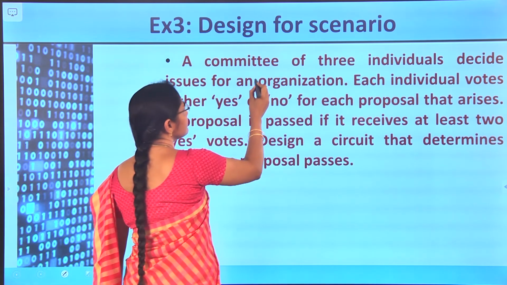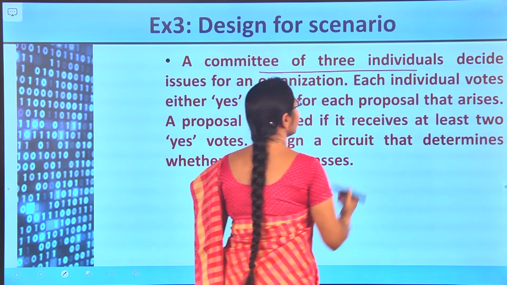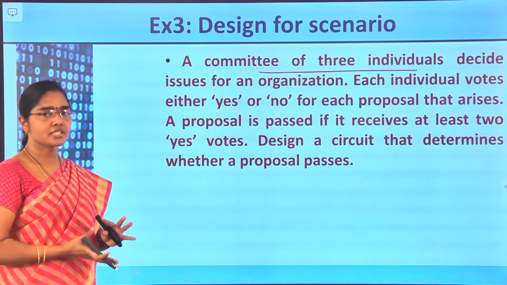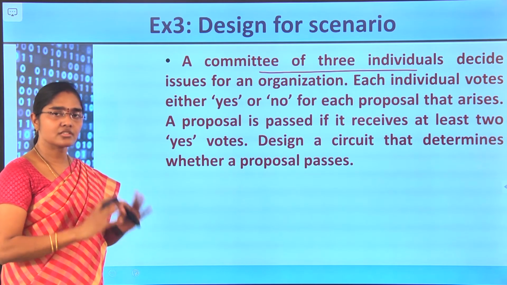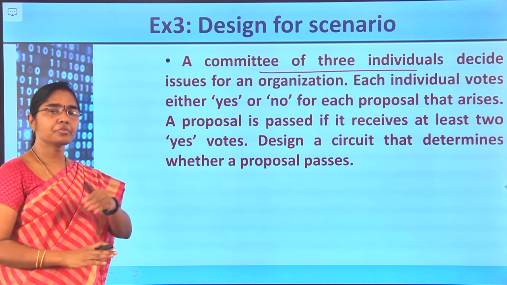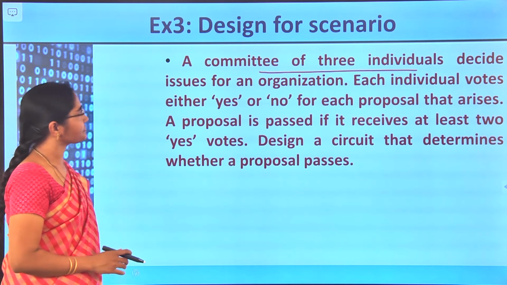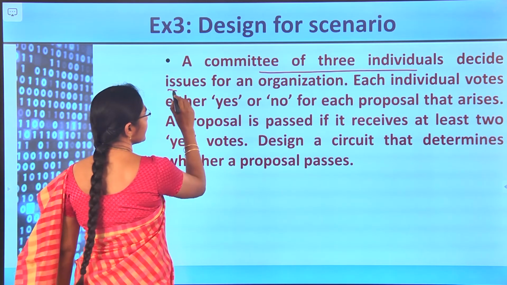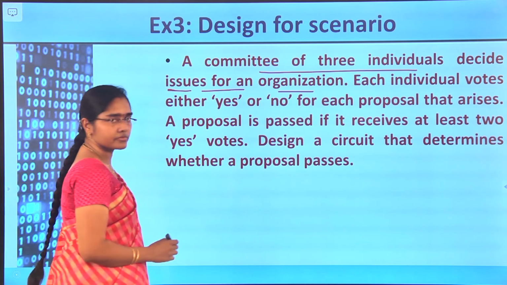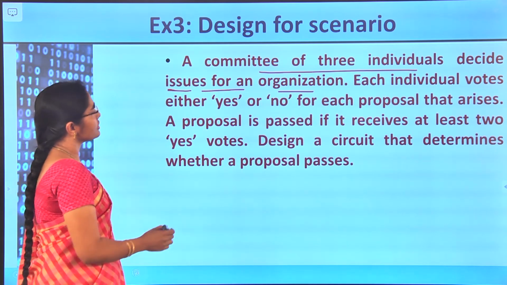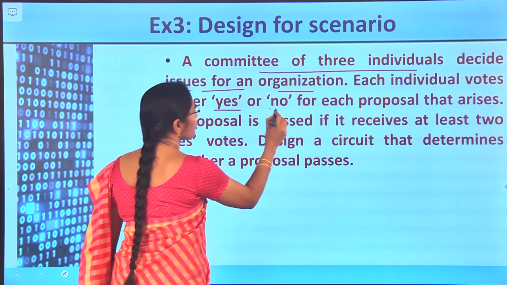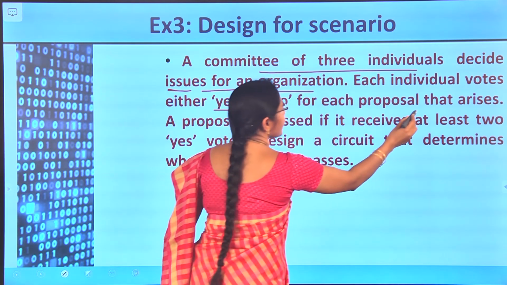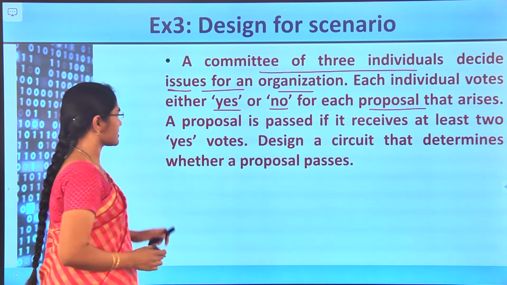that is a committee of 3 individuals. See, the representation of the problem is different, but the procedure is going to be the same and the final output is our logic circuit only. A committee of 3 individuals decides issues for an organization and each individual votes either yes or no, two conditions, for each proposal that arises.